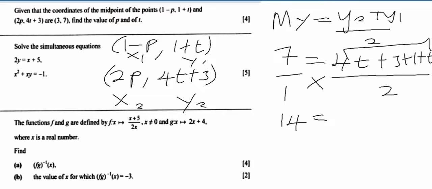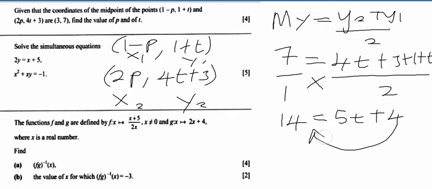Then 4t plus this t here, we are going to get 5t. So we are having 5t plus 4. So this 4 is going to cross the equal sign, and it is going to change to negative 4. So we have 14 minus 4 being equal to 5t.